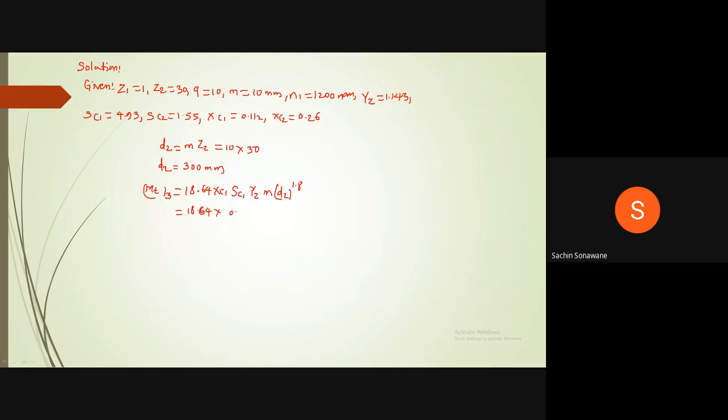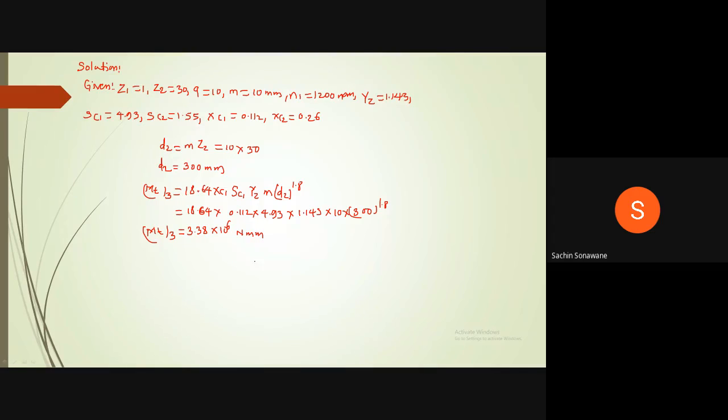What is XC1 value? 0.112. What is SC1 value? 4.93 into YZ 1.143 into M 10 into D2 300 raised to 1.8. Therefore, calculate MT3. What is the value? 3.38 into 10 raised to 6 Newton mm.